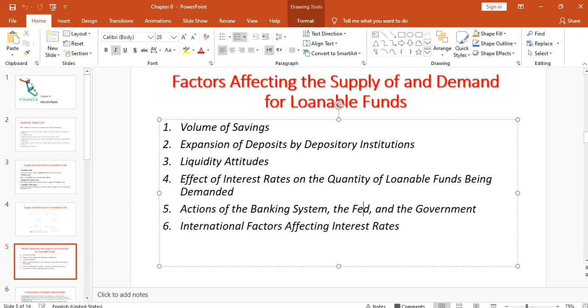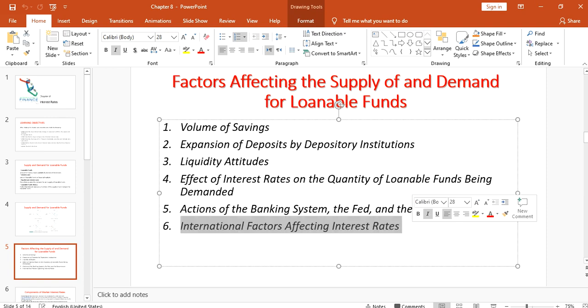International factors, of course, also affect the interest rate. For example, if the interest rate in Japan is 6% but in the United States is 3%, people will take their money out and bring it to Japan to lend it and invest it there to get a higher rate of return.